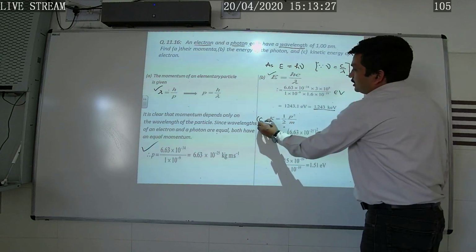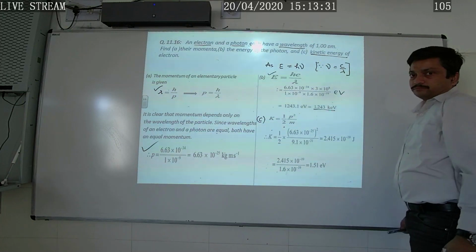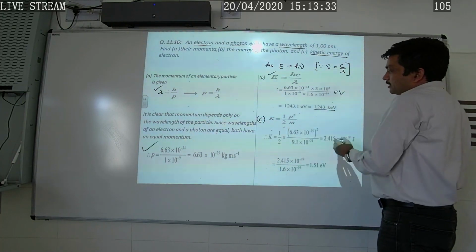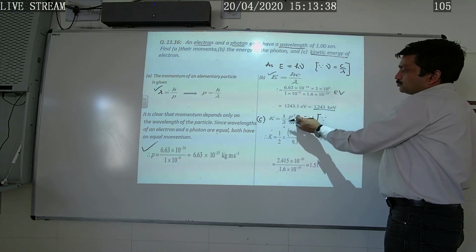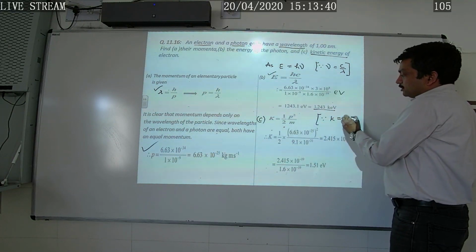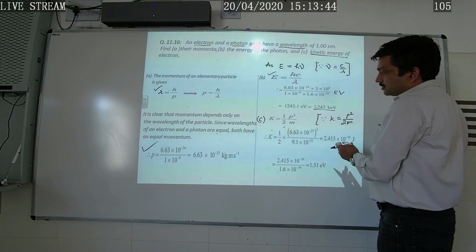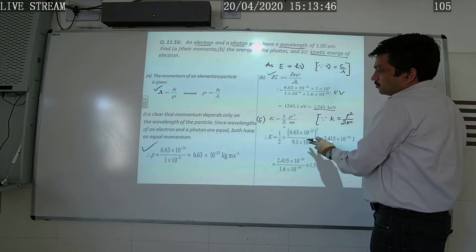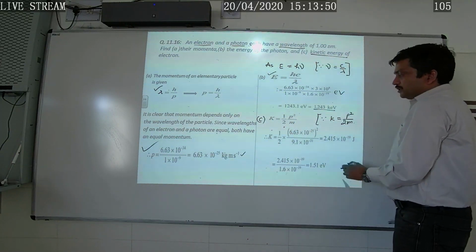In the C part, he is asking to calculate the kinetic energy of the electron. As we have already studied, kinetic energy equals p square by 2m. We have the value of p, the momentum, 6.63 into 10 to the power minus 25.